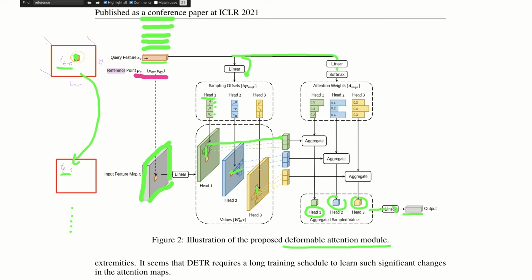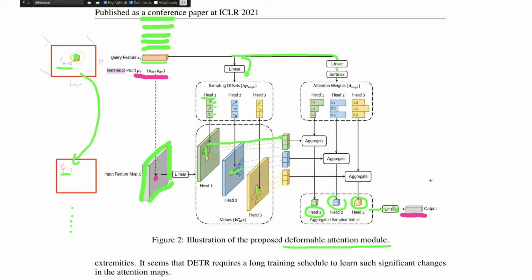So we take one of these query features, put it into a dense layer, and we get our reference point. And around that reference point, we do then this deformable attention, which we have seen before. And then we get back out again a feature vector.